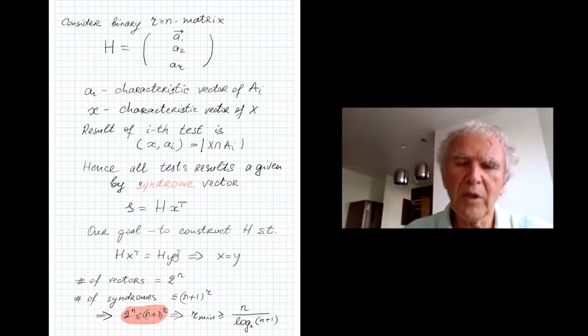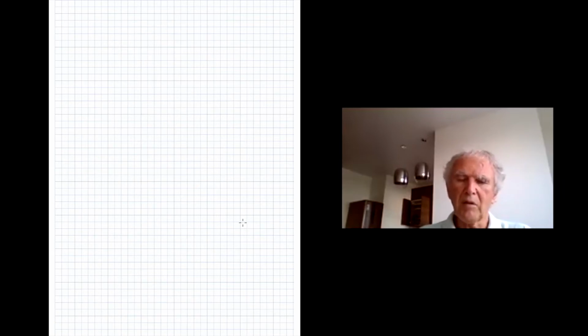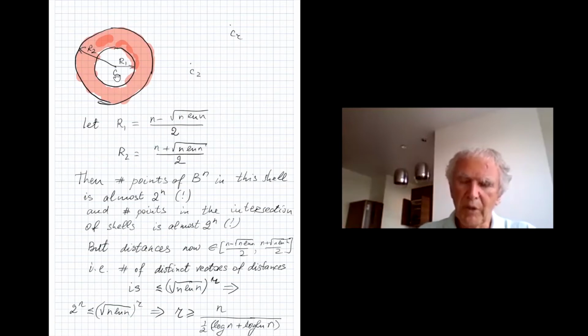And the only thing that I would like to say is that syndromes, or distances to my chosen vectors a_i, in this consideration could be arbitrary: 0, 1, etc. up to n.